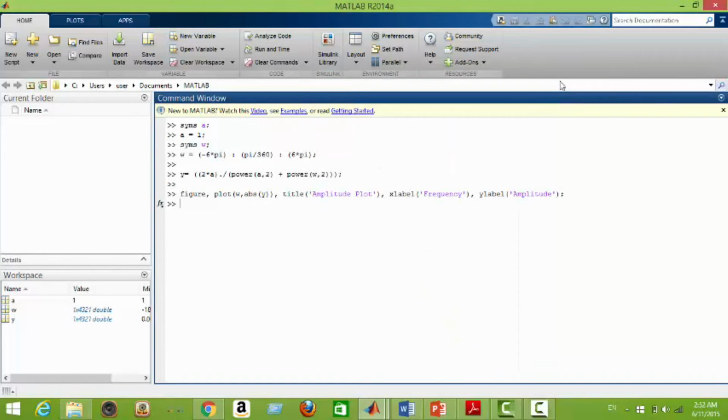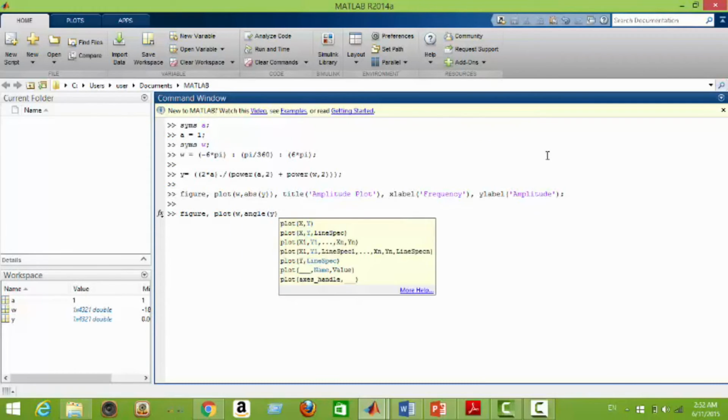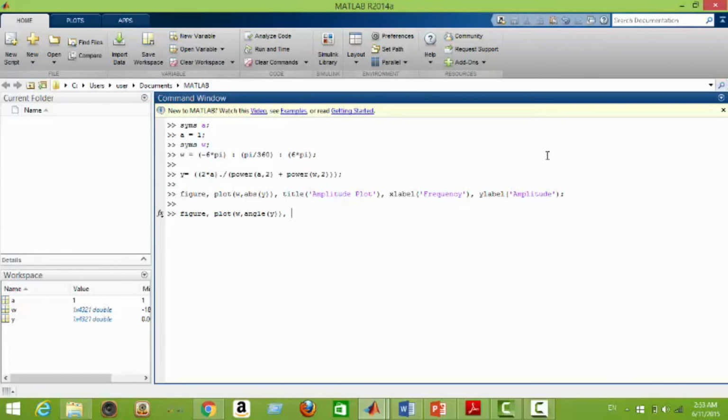So now I would like to show how to plot the graph for the phase spectrum. It is the same as the coding before.